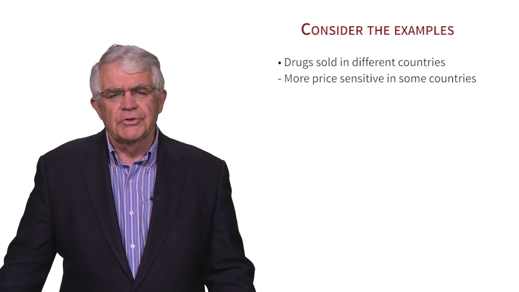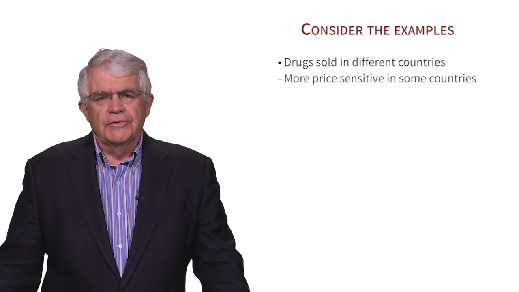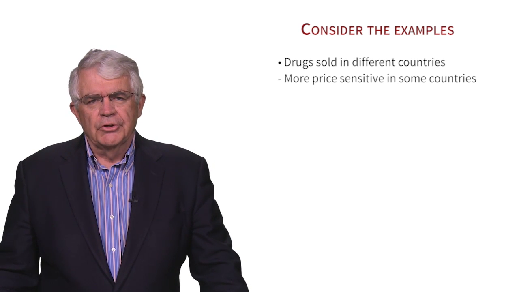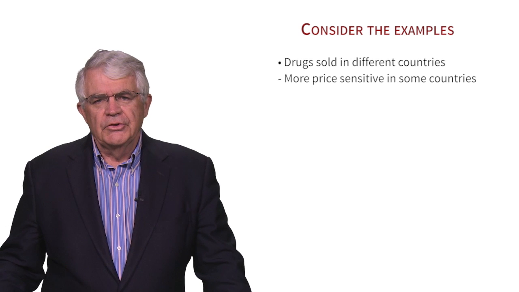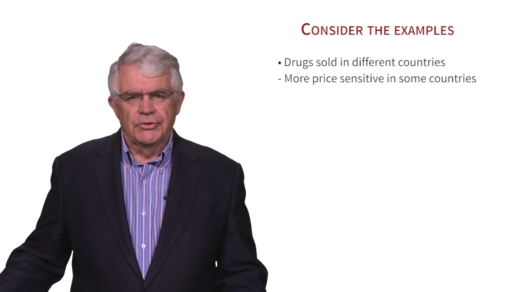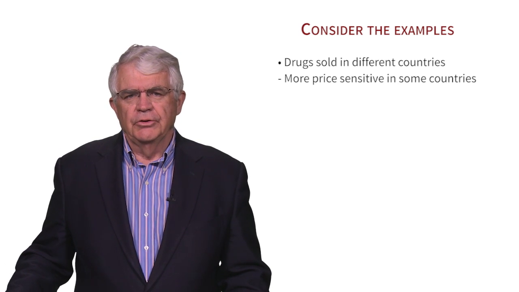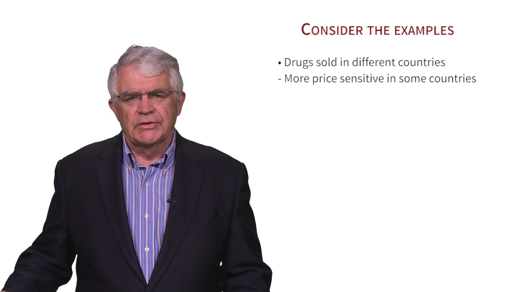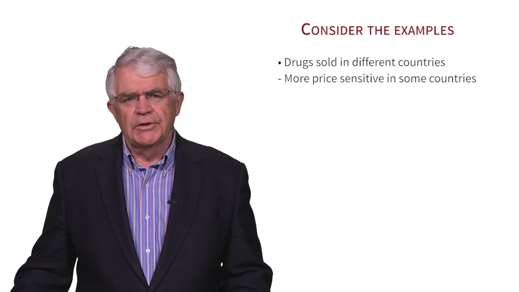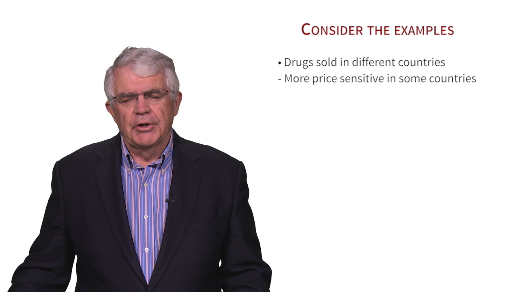And finally, probably the most interesting one is goods sold in different countries. The exact same product, the exact same pharmaceutical, can be charged in different prices if the consumers in some countries are more price-sensitive. If, for example, consumers in Mexico are very sensitive to the price, if the price is too high, they just won't buy it, then most likely the profit-maximizing firm will charge a lower price there.